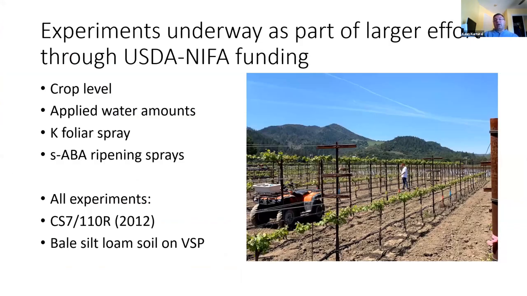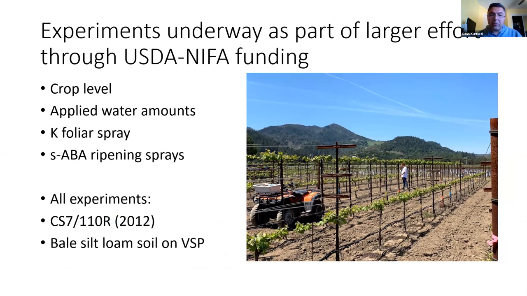As we moved on with these trials, we were fortunate enough to garner a grant from USDA. So we're working on mitigating the effects of disease in the field. What we were assigned was to look at some of these cultural practices, such as the questions that we received from the grower panel. Does crop level affect this?